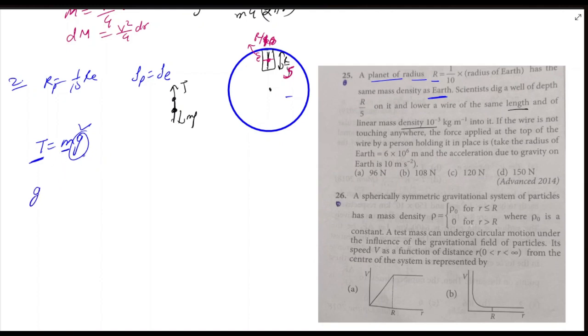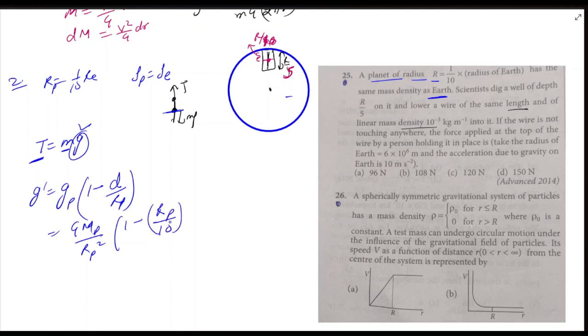So let's find g at the center of mass, which will be at depth r by 10. We'll use the formula: g dash will be g of the planet at the surface into 1 minus d by r. g of the planet will be G mass of planet upon radius of planet squared, times 1 minus the depth, which is rp by 10, since the center of mass is at r by 10 depth.